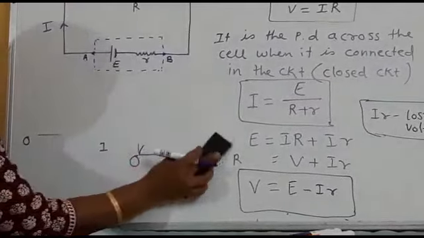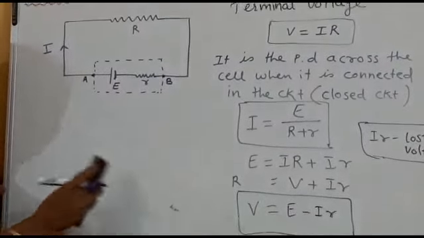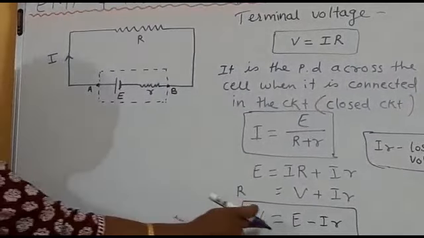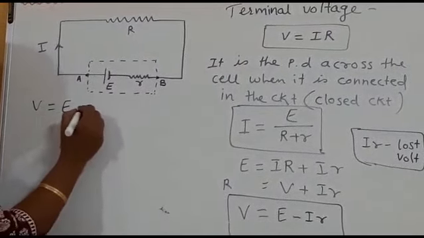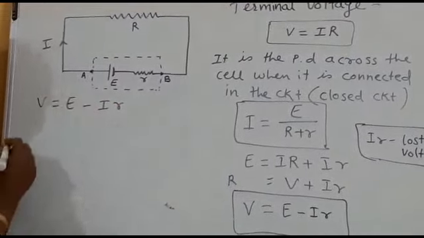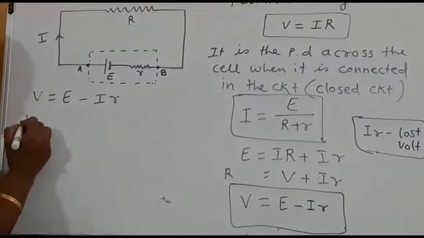Now again we have to rearrange this equation to find the value of internal resistance. So this equation I am again writing here: V is equal to E minus Ir. Arrange your equation for r.